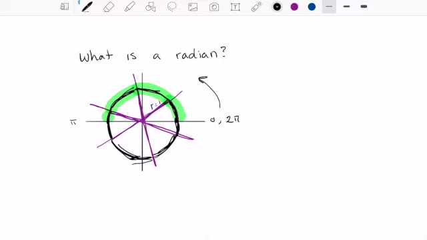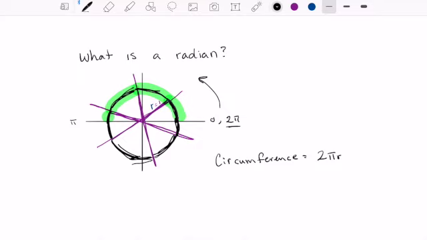All right, so we knew looking at the unit circle, or just this circle in general, that all the way around we have a distance of 2 pi. Well, that now really makes sense, because what's the formula for circumference? Well, remember, it's 2 pi r, right?